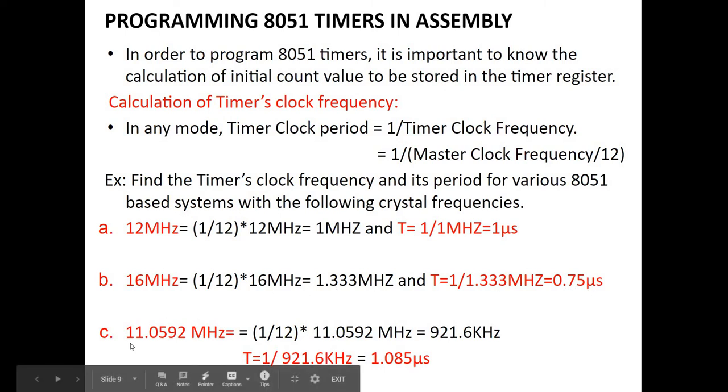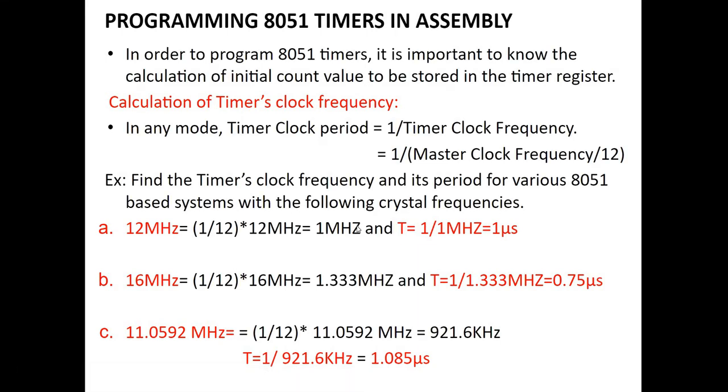Similarly, in the other example, if the crystal oscillator connected to the 8051 is 11.0592 megahertz, then we get the timer clock period as 1.085 microsecond.